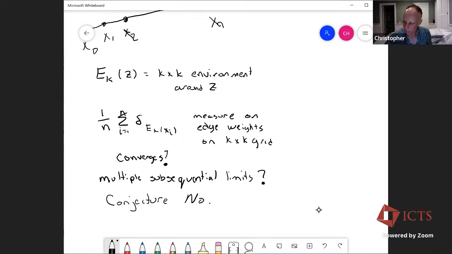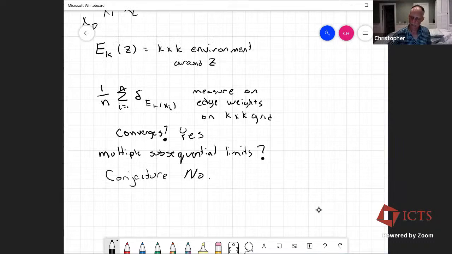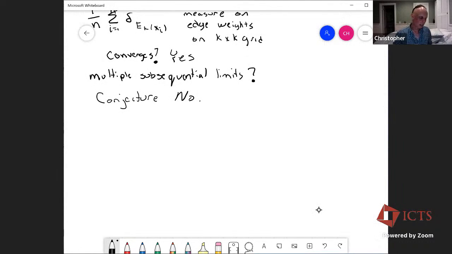So the conjecture is either yes, this converges, or no, I can't construct multiple subsequential limits. And so then, if I could do this, I could rule out certain possible boundary shapes.